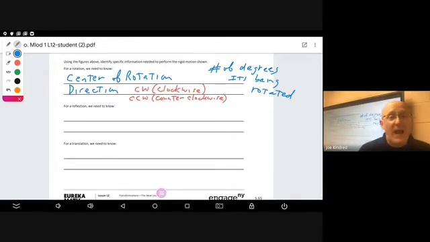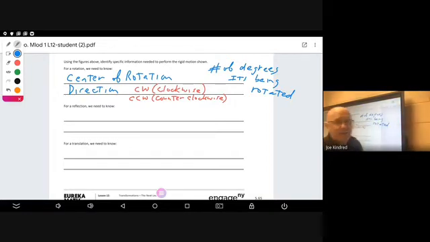A reflection, it's important to write in here, a line of reflection acts as the perpendicular bisector of each segment that joins a given vertex of the pre-image with the respective vertex of the image. So let's write that in.